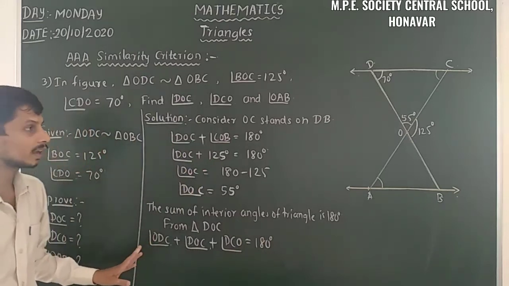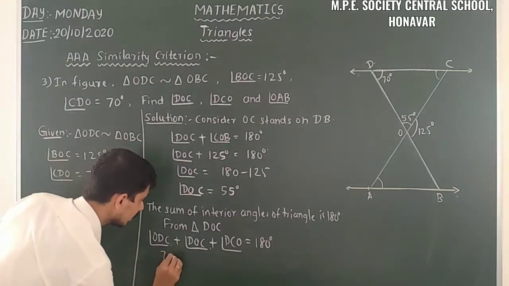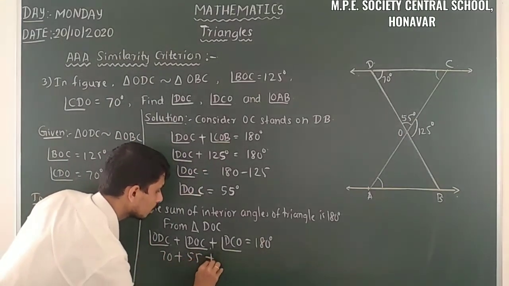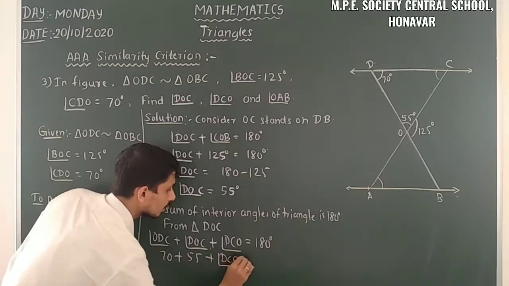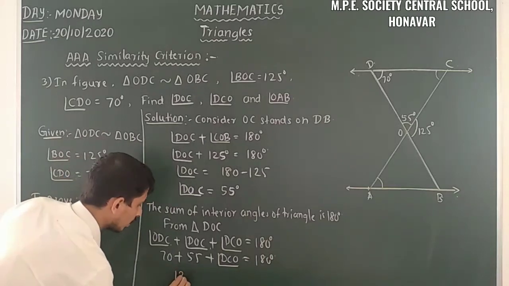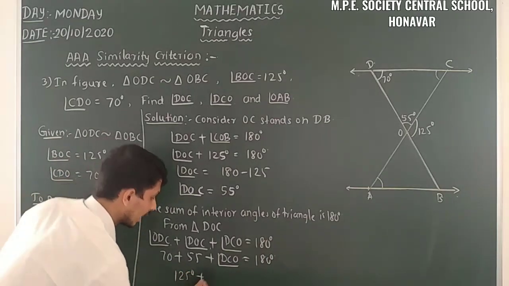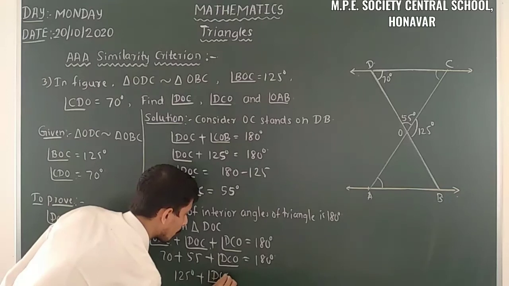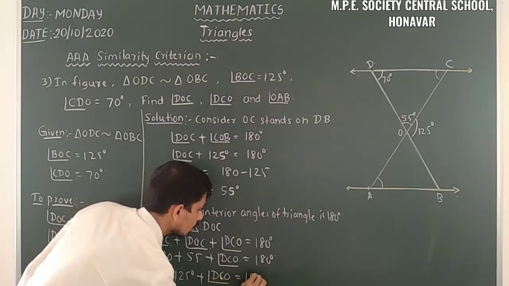Let us substitute all the values here: 70 plus 55 plus angle DCO is equal to 180 degrees. So 125 degrees plus angle DCO is equal to 180 degrees.